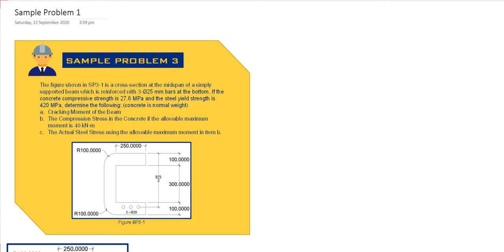So, sabi niya dito, si concrete is normal weight. So, determine natin yung cracking moment of the beam, the compression in the concrete if the allowable maximum moment is 40 kN meter, and the actual stress using the allowable maximum moment in item B.